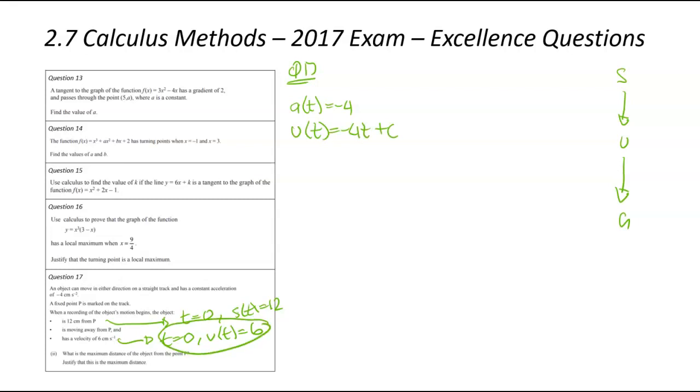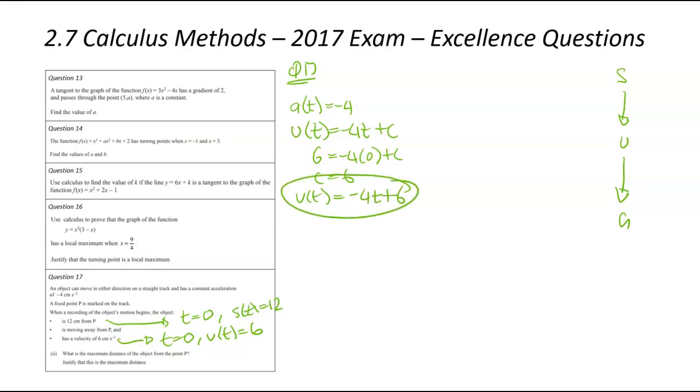This is when that velocity point comes into play. We're going to substitute that in to find out what c is. So we know that 6 is equal to -4 times 0 plus c, which means c is equal to 6. So the velocity in terms of time is equal to -4t plus 6.